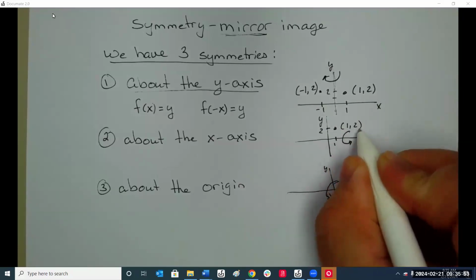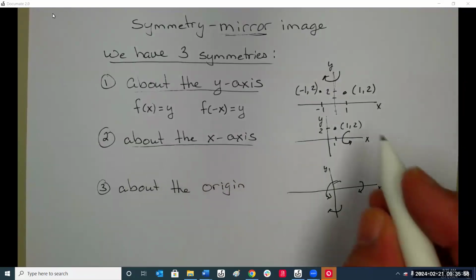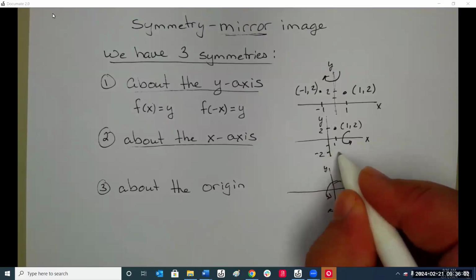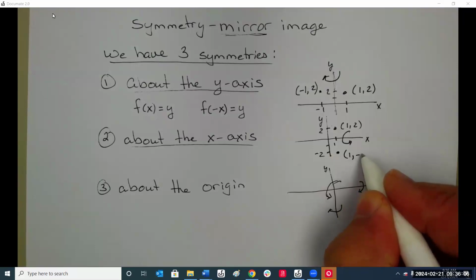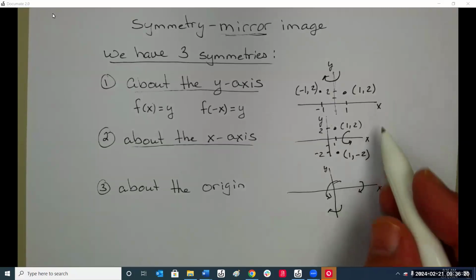And if we had a point at (1, 2), and it's symmetric about the x-axis, then we have a mirror point at (1, -2). The only thing that changes there is what?